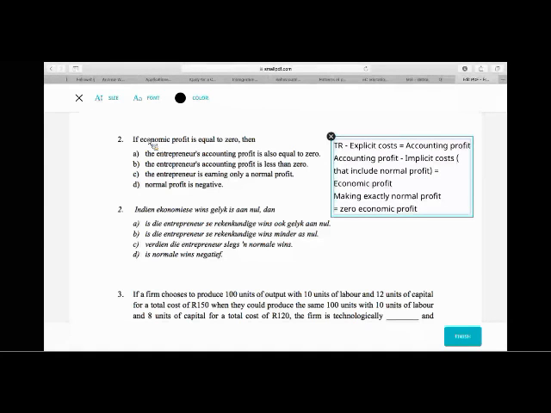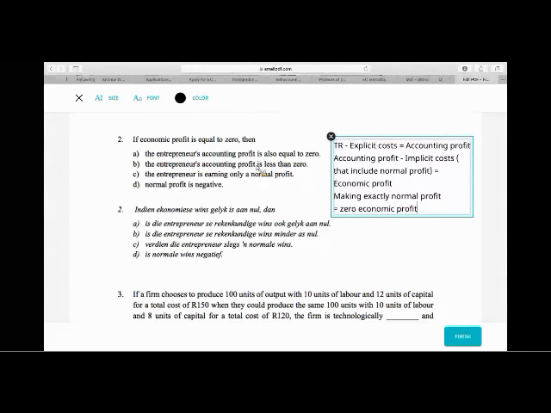So in terms of this question, if economic profit is equal to zero, then the entrepreneur's accounting profit is also equal to zero. That can only be true if there are no implicit costs. Okay, so if we knew that there were absolutely no implicit costs, of which we know it's highly impossible, that is the only way economic profit and accounting profit would be the same.